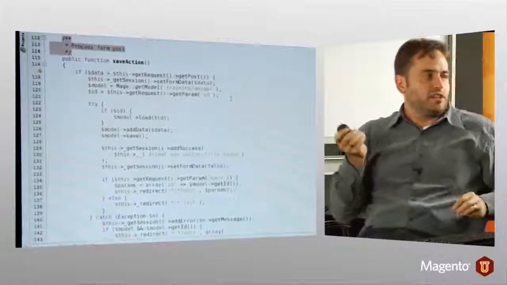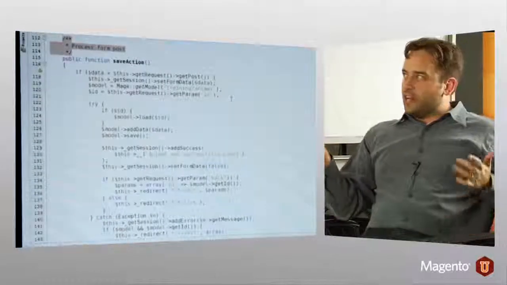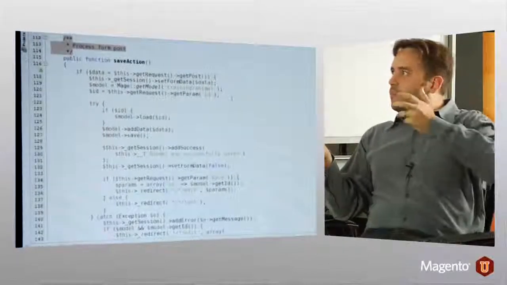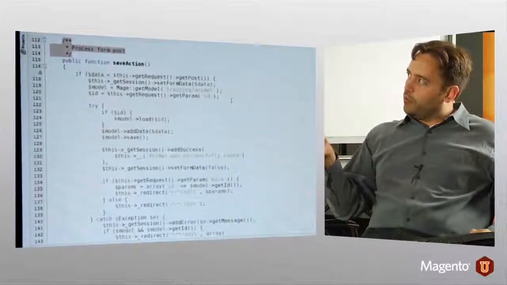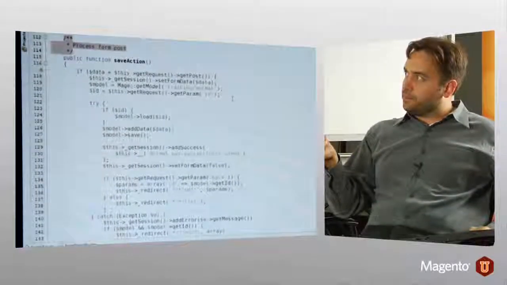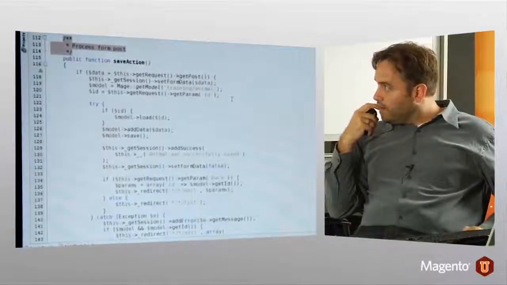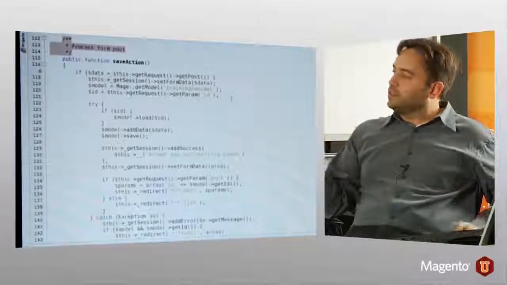That's just something that isn't implemented. But here we use this add data call to just take our array of data from our post object, or our post array, and press it onto our model, call model save.